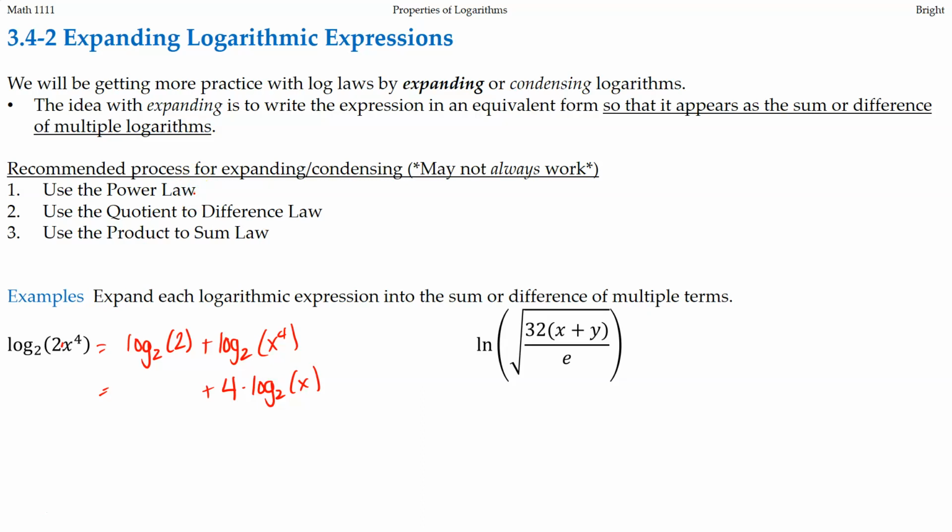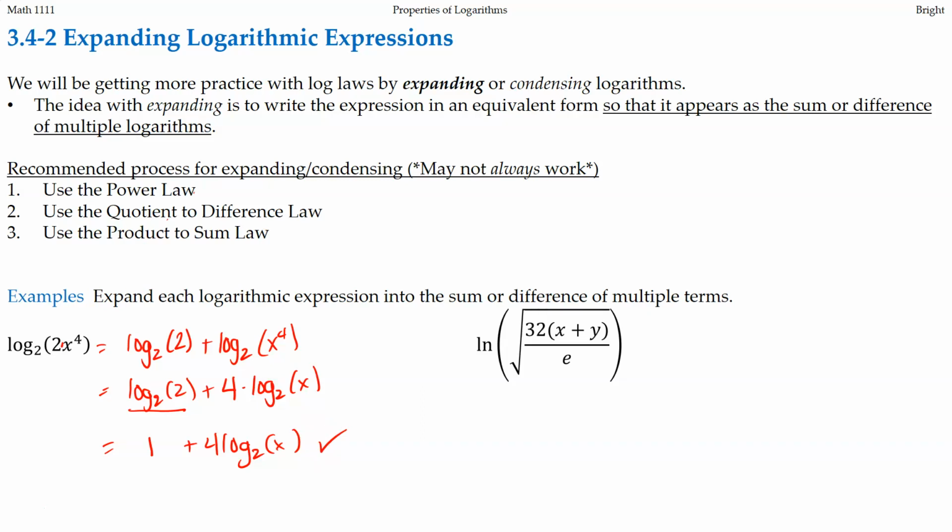So start back up top with log base 2 of 2. Are there any more powers? No. Any more quotients? No. Any more products? No. So I'm done. Almost. I just need to simplify log base 2 of 2, which is 1. So my final answer here is 1 plus 4 times log base 2 of x. And we're done.